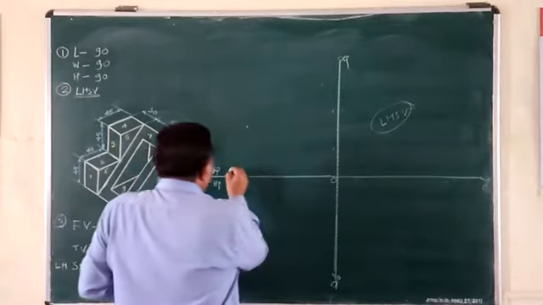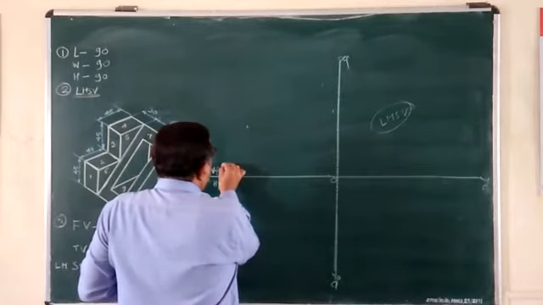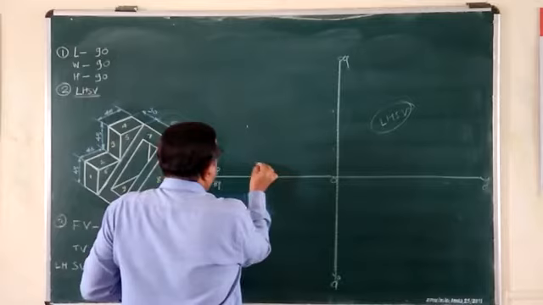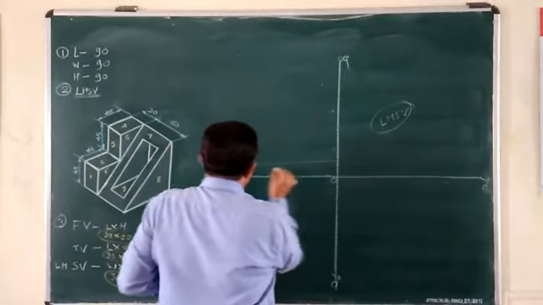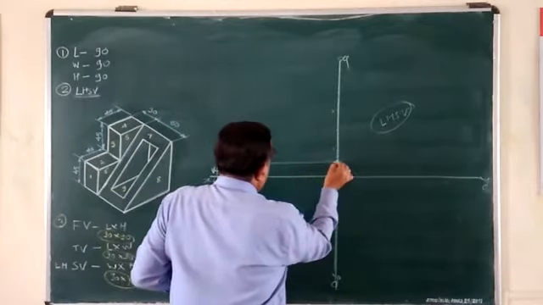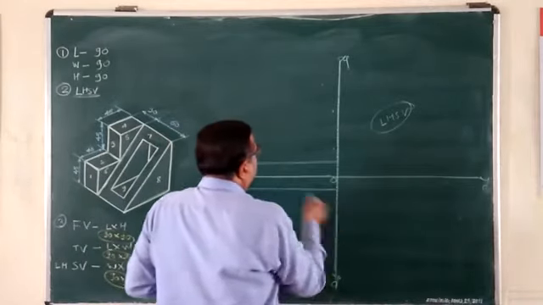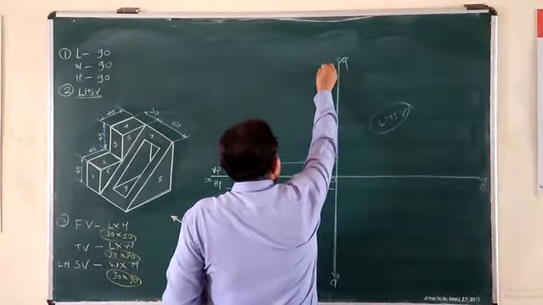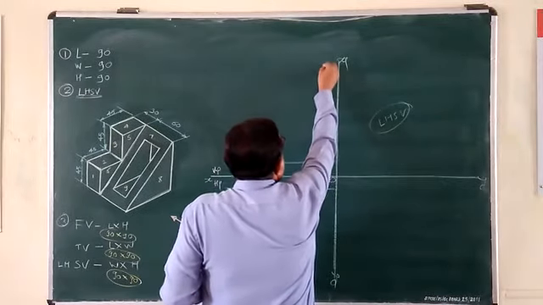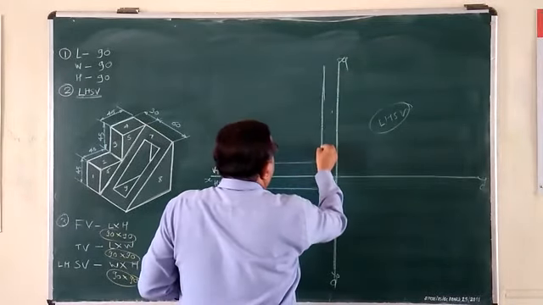Now, parallel to HRL, just like the earlier problem, at a distance of 20 to 25 mm, draw a construction line above as well as below the HRL. Similarly, parallel to VRL, at the same distance, construct one long vertical construction line.